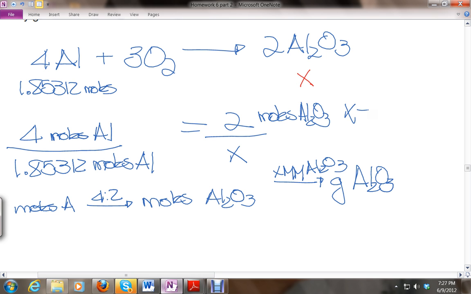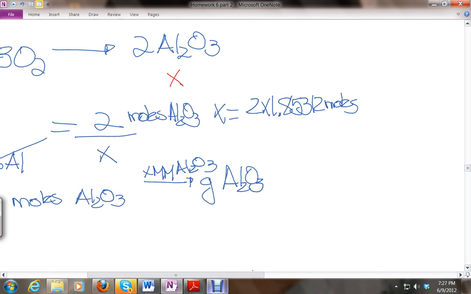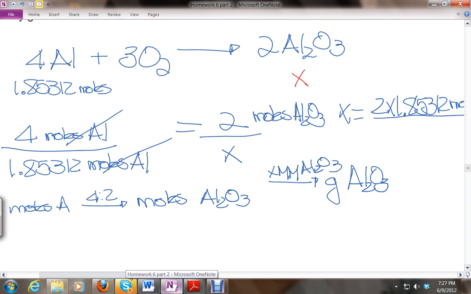So the x would be equal to 2 by 1.85312 moles of aluminum, not moles of aluminum oxide, divided, sorry, by 4.